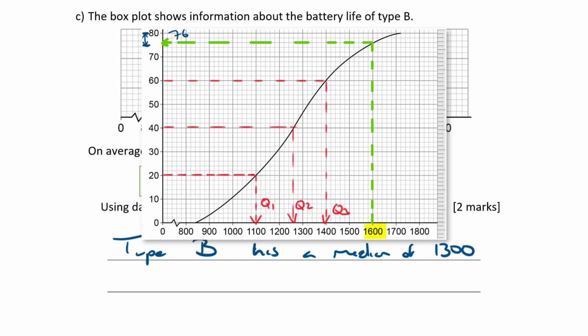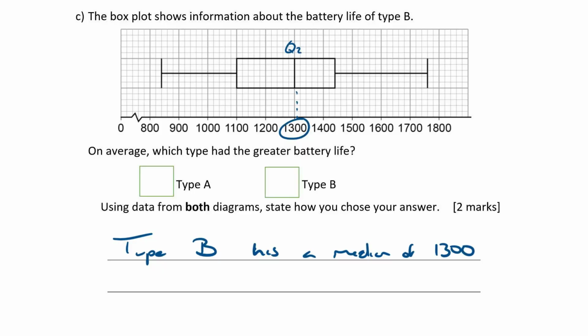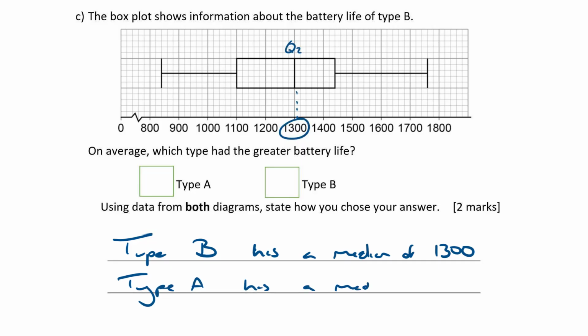So I read that off as 1260 as the median value from type A. So we said that type B has a median of 1300 and type A has a median of 1260. So B is the biggest median, isn't it?